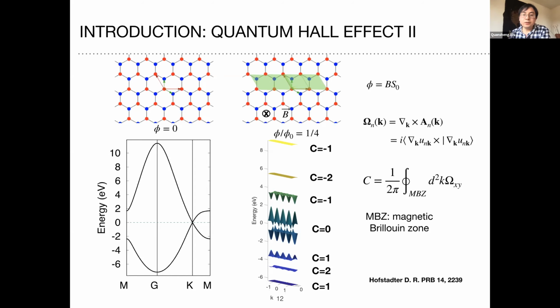Okay, so we can use the Berry curvature formula, and we can calculate the Chern number for each band. You will find that for different bands, I mean for the Landau bands, each is associated with some Chern number.